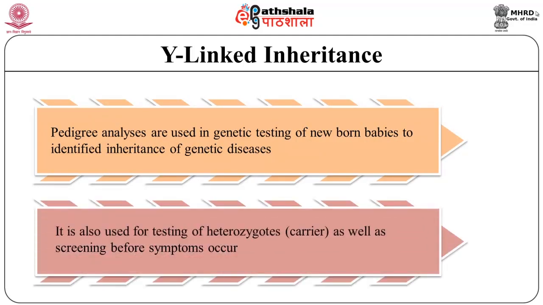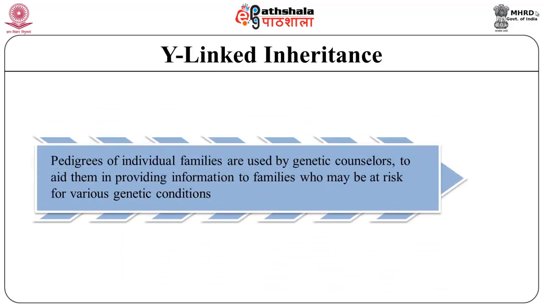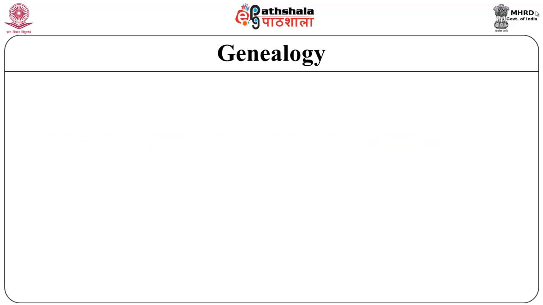It is also used for testing of the heterozygote, that is the carrier, as well as screening before the symptoms occur. Pedigrees of individual families are used by genetic counselors to provide information to families who may be at risk for various genetic conditions.